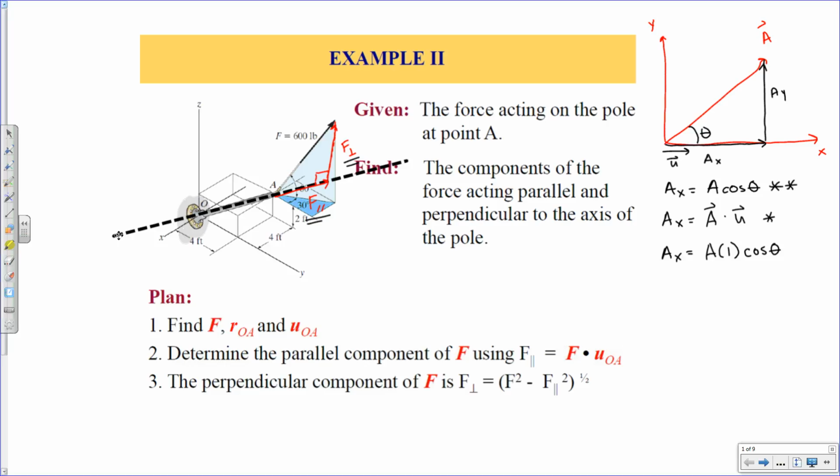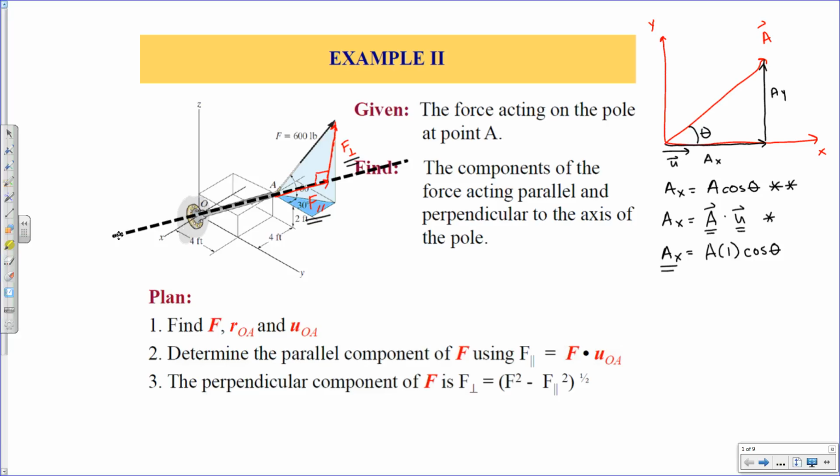As long as you can determine a unit vector describing that line in space, and you know the vector itself that you want to project, simply taking the dot product of those two vectors will give you a number, and that number corresponds to the magnitude of the component of your vector along that line in space.